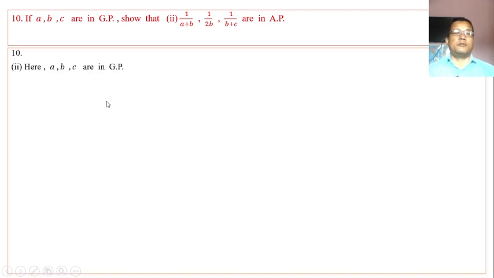These are in GP, from which we get B equal to AR, C equal to BR.